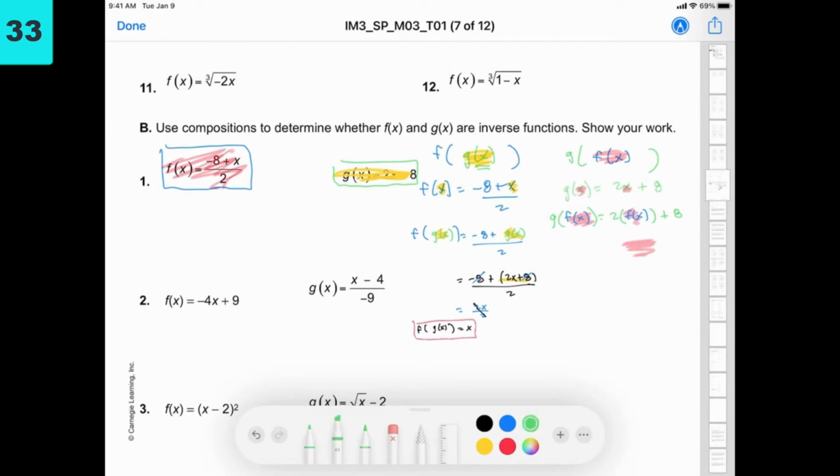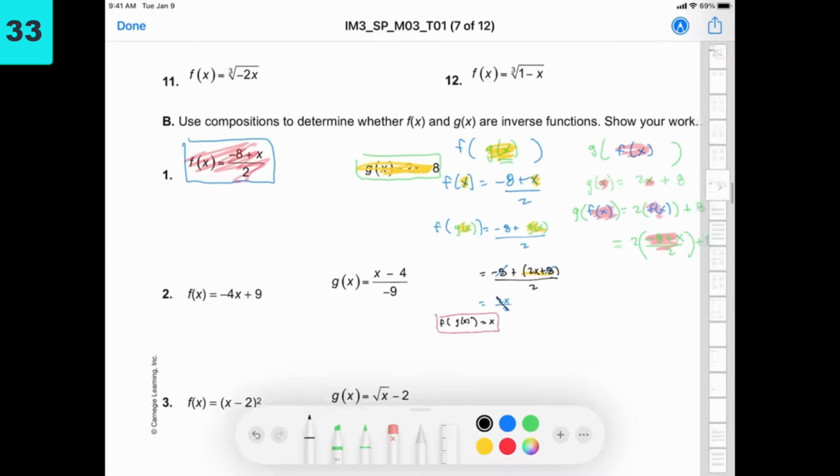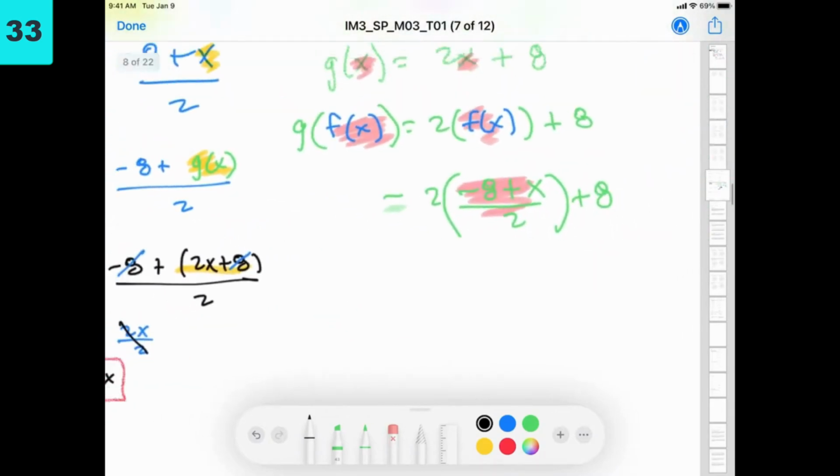Let's write that. Oops. Equals 2 times negative 8 plus x over 2 plus 8. Alright, let's go ahead and simplify this. To make 2 a fraction, you can put over 1. 2 divided by 2 is 1, so you're just left with the original now.